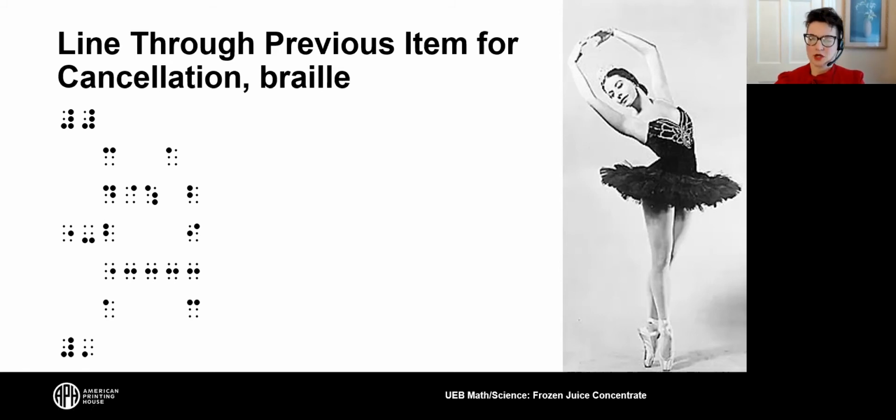Let's talk about the tiny elephant in the room. The horizontal line mode is indicated with dot 5, dots 3, 5. It doesn't extend under the minus sign. That's something the Guidelines for Technical Material does, and is not directly required by Guidelines for Technical Material or by BANA.